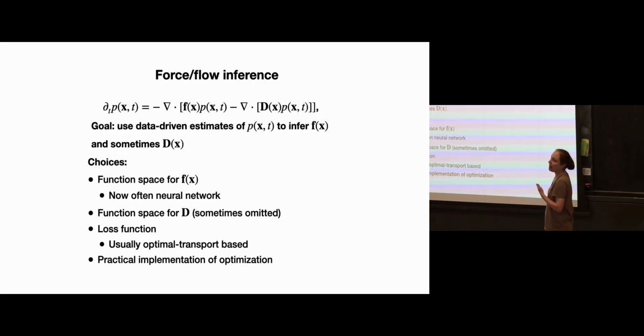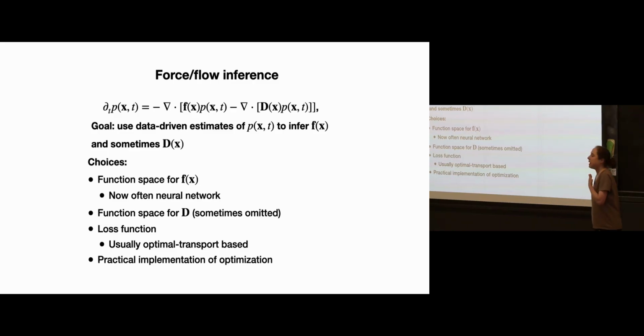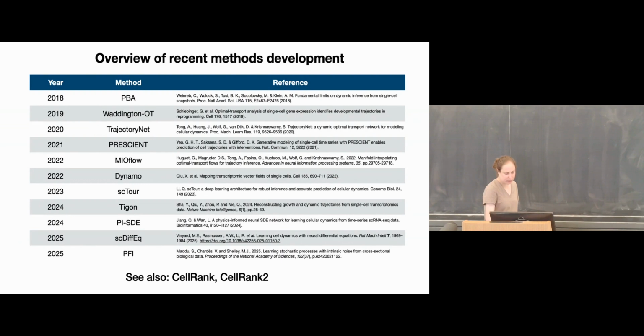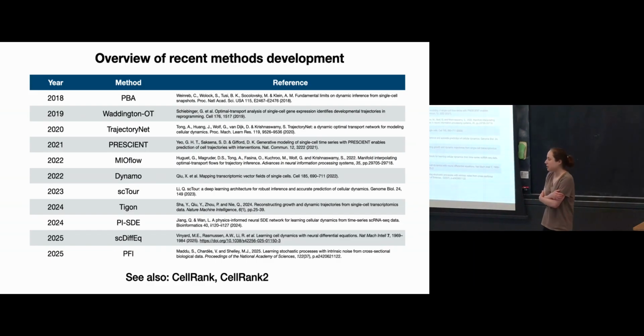So how do you decide how well the probability distributions your model is generating match your empirical observations? And then, how do you actually do the optimization? As mentioned, there's been quite a bit of methods development for this in the last little less than 10 years.